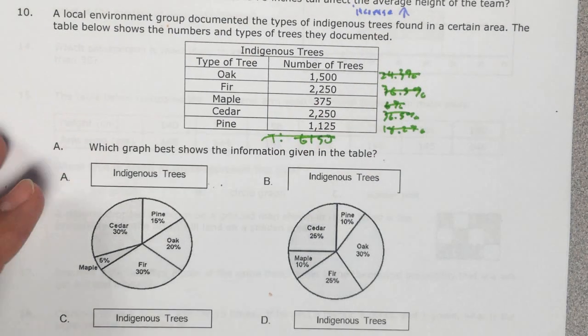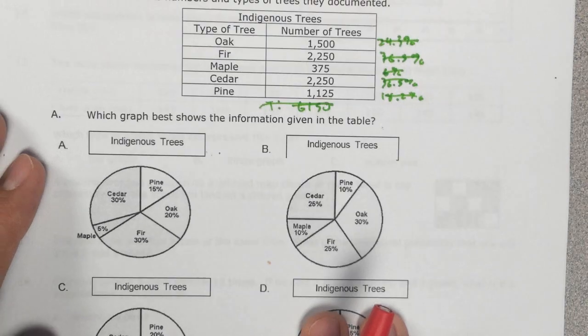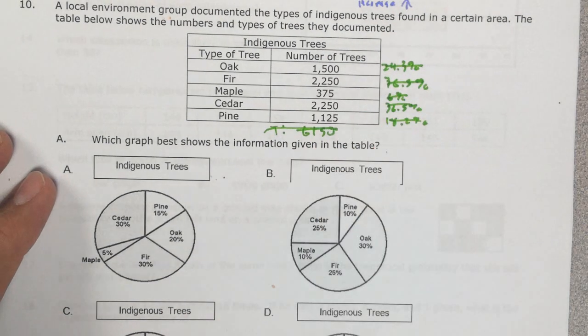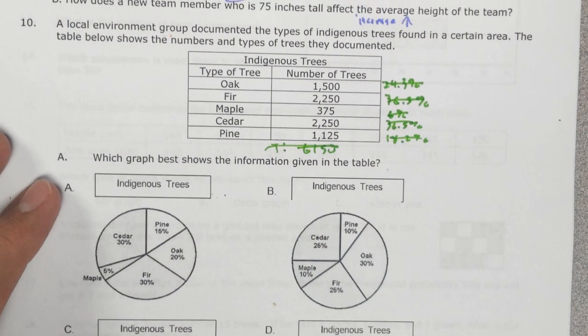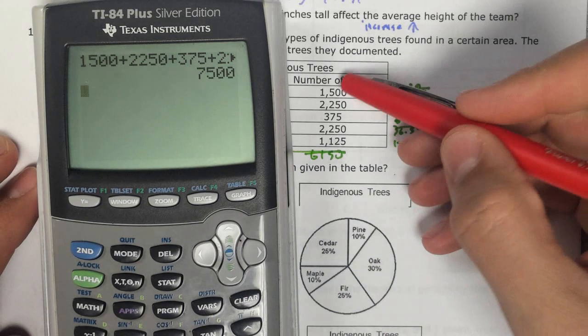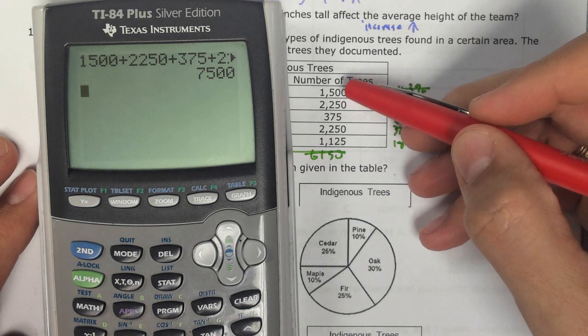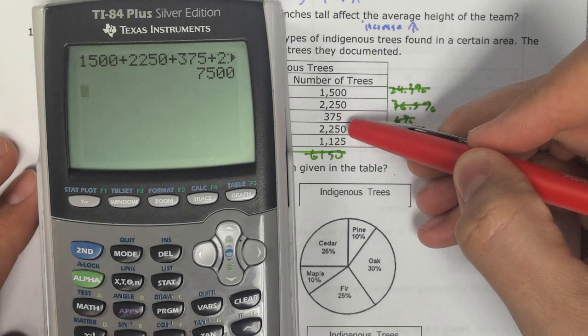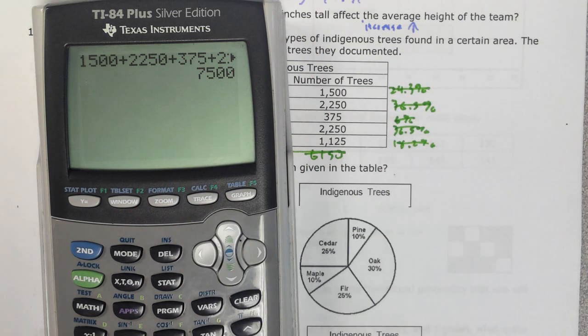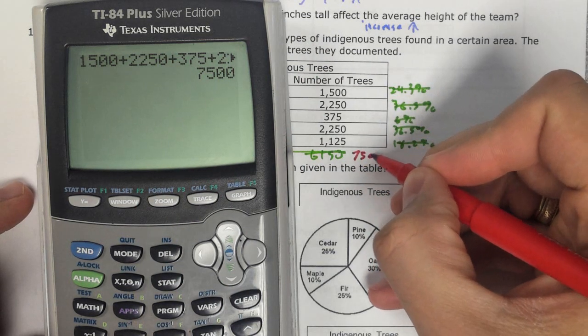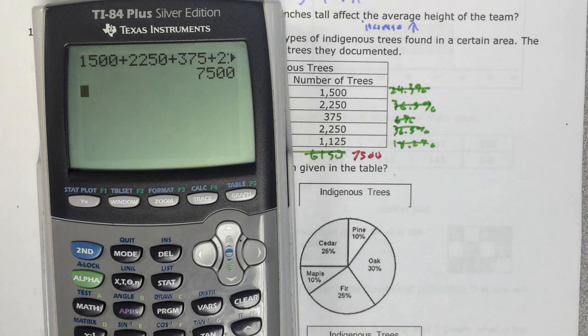To find an appropriate circle graph in this problem, we have to first add up all of the trees they looked at. All I did here in the calculator is I added every single one of these up, and when I did that, it got 7,500 trees they surveyed.